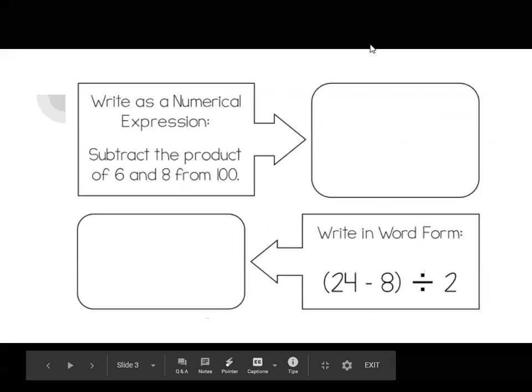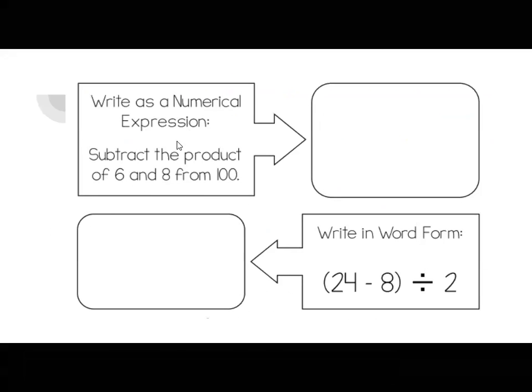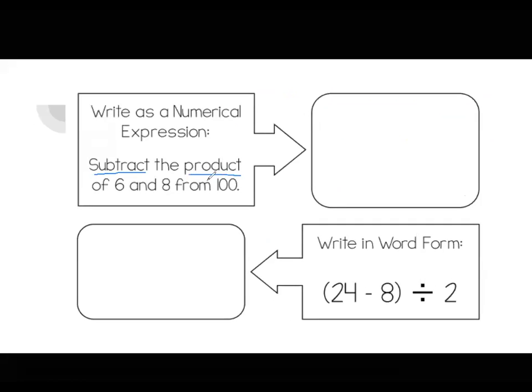All right, now we have a new written expression that we need to write as a numerical expression. We are going to subtract the product of 6 and 8 from 100. So I know subtraction is going to take place and product tells us that we're going to be multiplying. But I have to subtract the product. So in order to be able to subtract the product, I have to be able to find that product first.